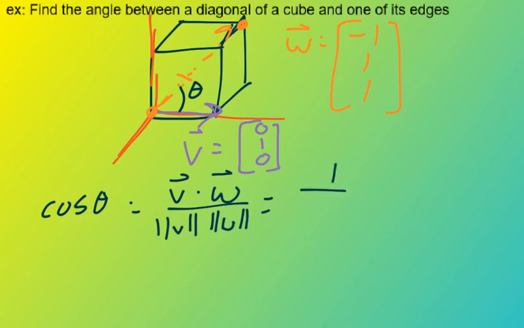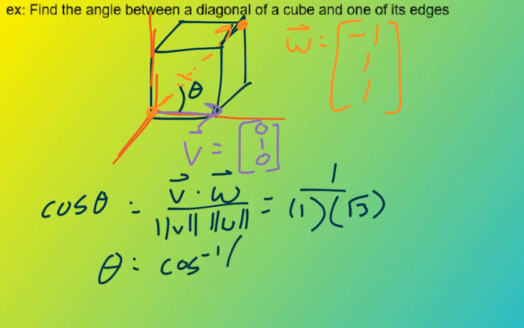And then the magnitude of v would just be 0 squared plus 1 squared plus 0 squared, square root of that, which is really just a 1. And the other one is going to be square root of 3. And so then the angle between them would just be the inverse cosine of 1 over root 3, which I worked out before is about 57 degrees, I think, if I did that correct on my calculator.